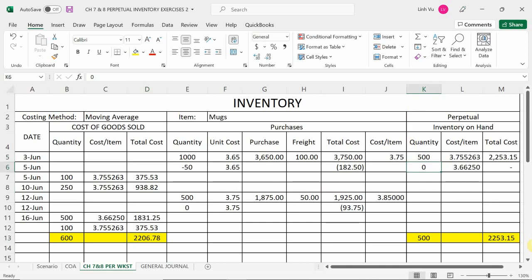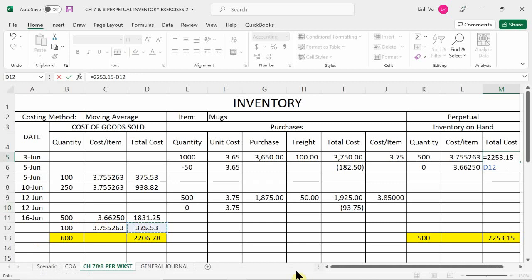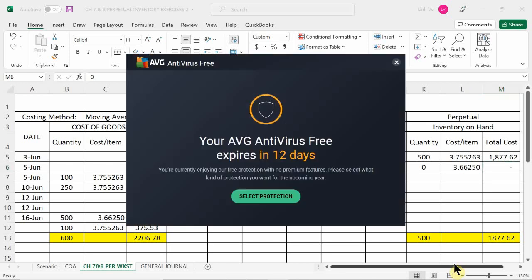So here I need to change this because I no longer have 600, I have 500. And then my amount here is no longer 2253.15, it is now 2253.15 less 375.53, which should give you a total of 1877.62.